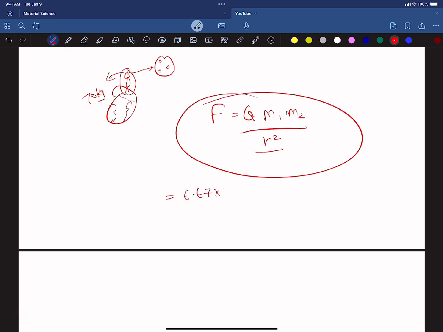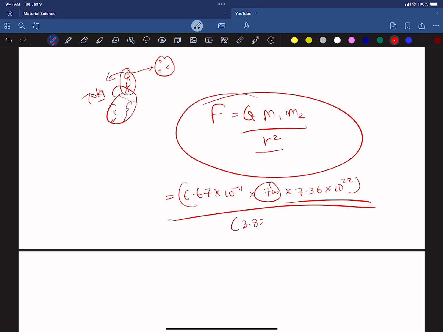6.67 times 10 raised to minus 11 times 70 times 7.3 times 10 raised to 22 kg, mass of person, mass of moon, whole divided by R square, the total distance between the person and the moon.